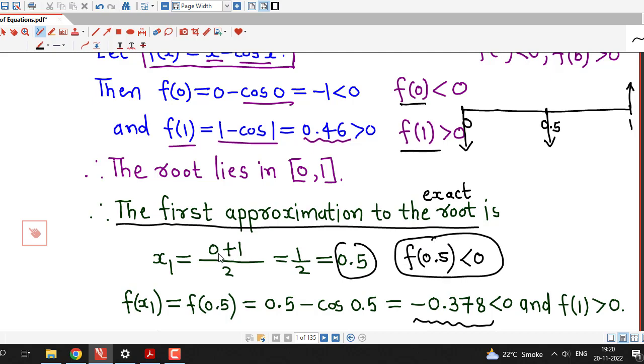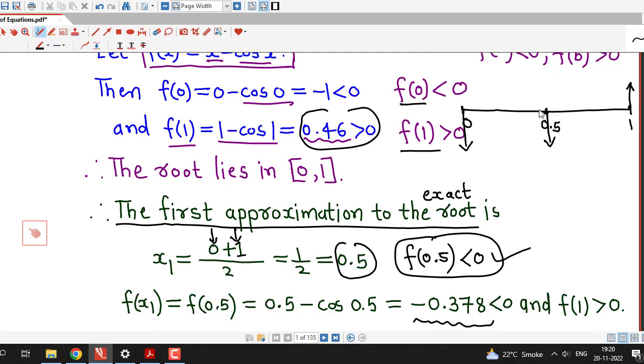So I have to find the point, out of these 2 points, for which the function is positive, and we know that f(1) is positive while f(0.5) is negative.